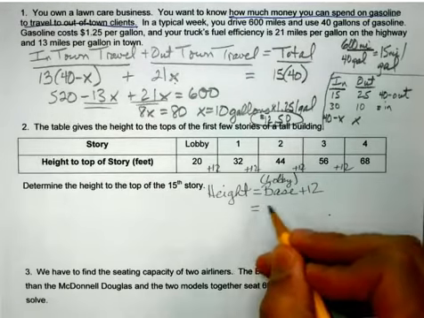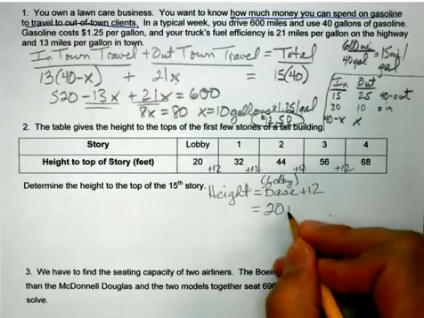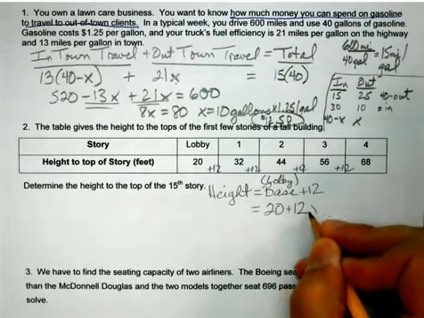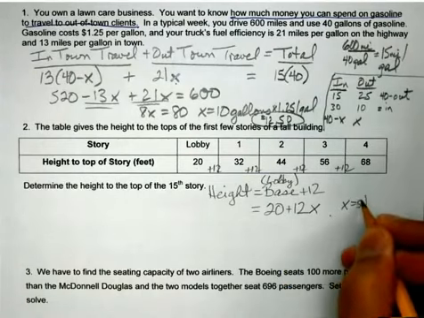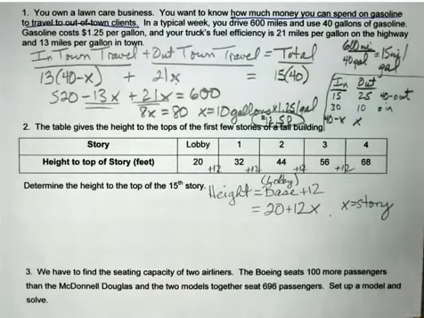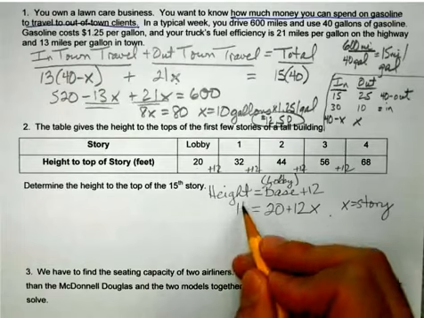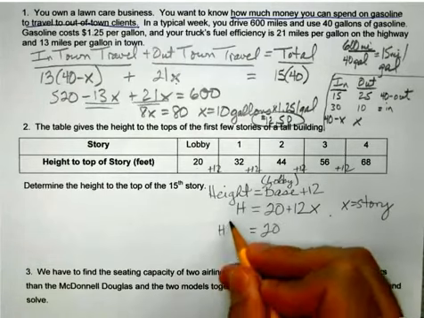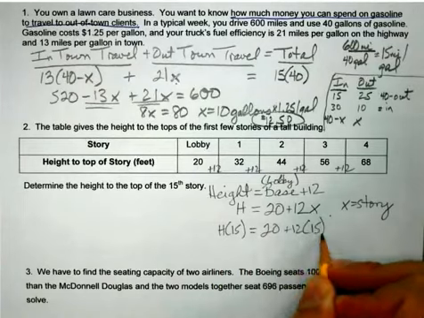My height is going to be 20, because that's the height of the lobby, plus 12, depending on what story we're going to, x. X equaling the story of the building that we're looking for. And the way that this ends up being nice now is that I know this is how it works. If I want to find the height of the 15th story, I just plug it in.